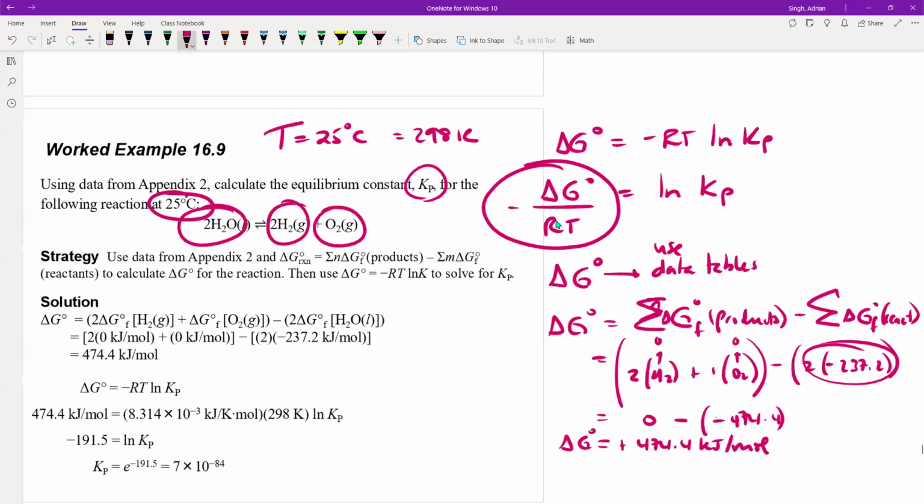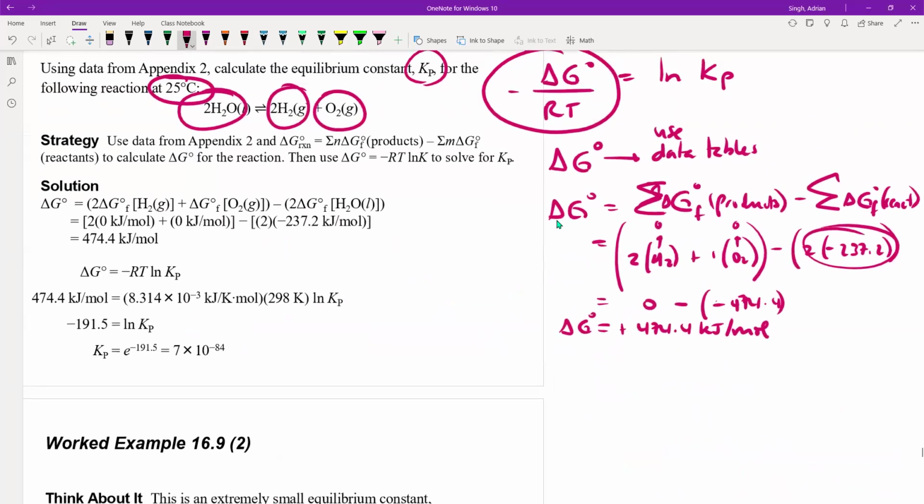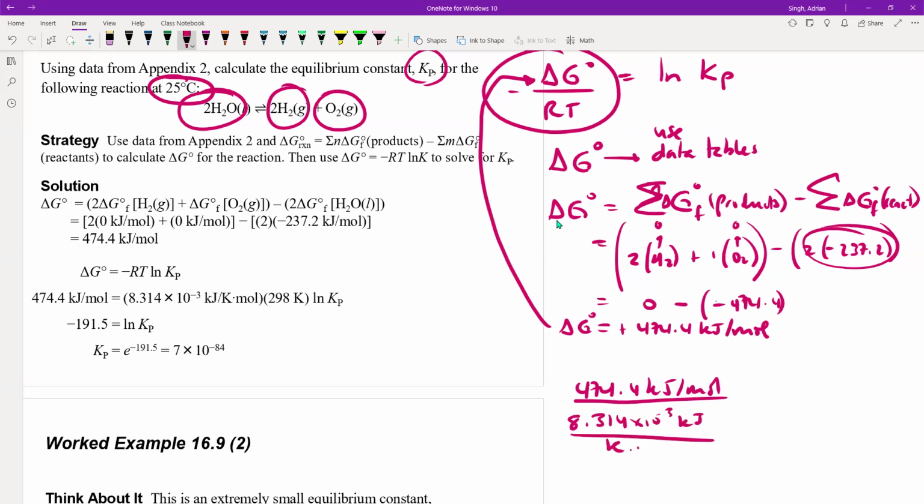Again, we're using the values from the tables to determine standard Gibbs free energy, and then substituting in there. So we have now 474.4 kilojoules per mole divided by R, our gas constant, 8.314 times 10 to the negative 3 kilojoules per Kelvin mole, and then our temperature here is 298.